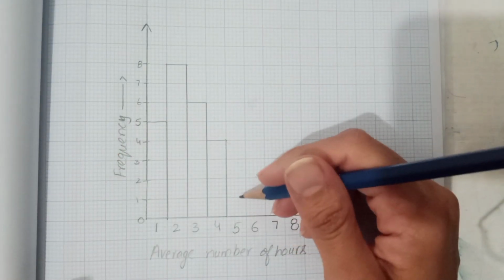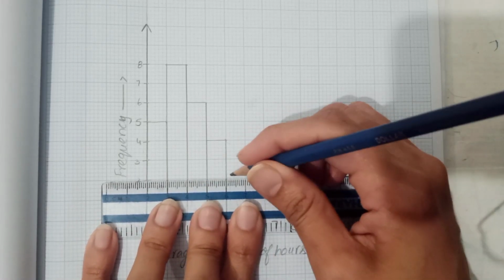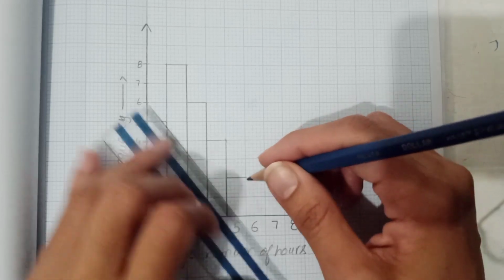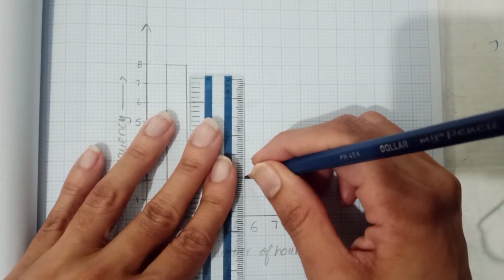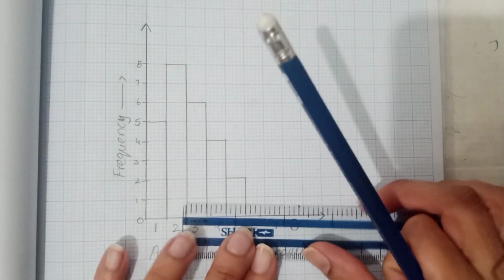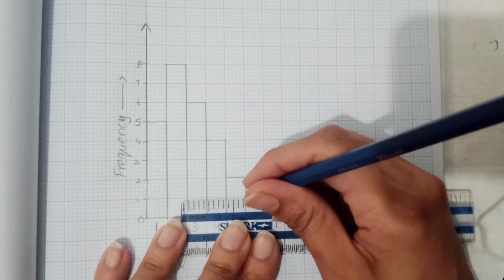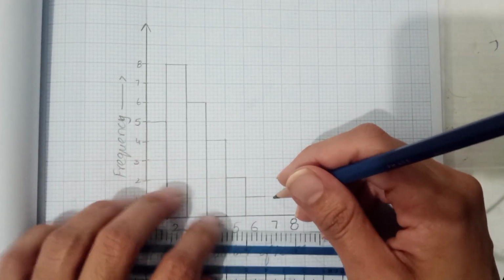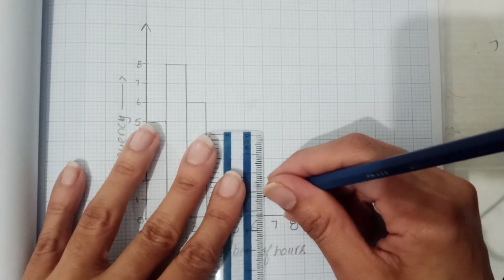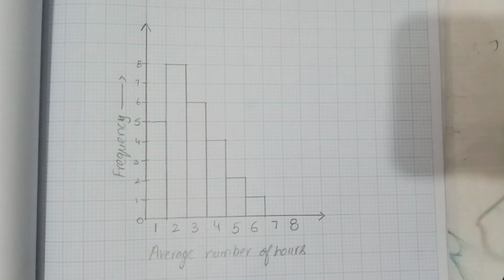And on 5, frequency is 2. And on 6, frequency is 1. Now students, very simple. The histogram is done.